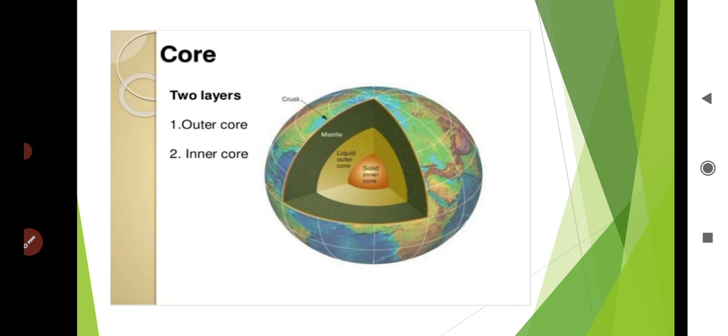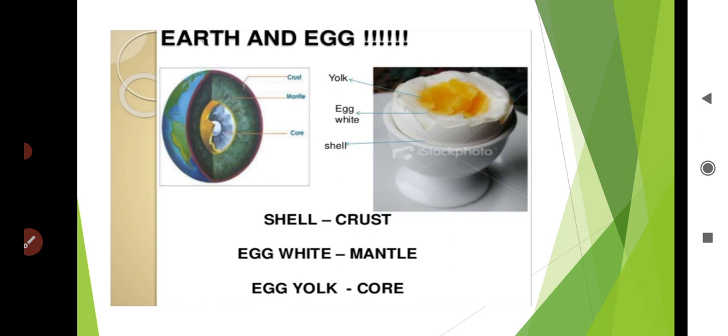So the evidence furnished by meteoroids belonging to our solar system has also contributed to a better understanding of the Earth's interior structure.